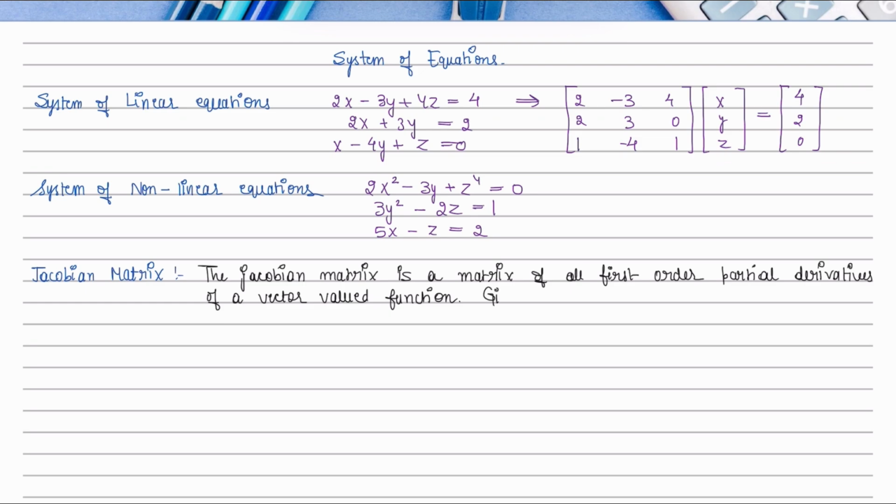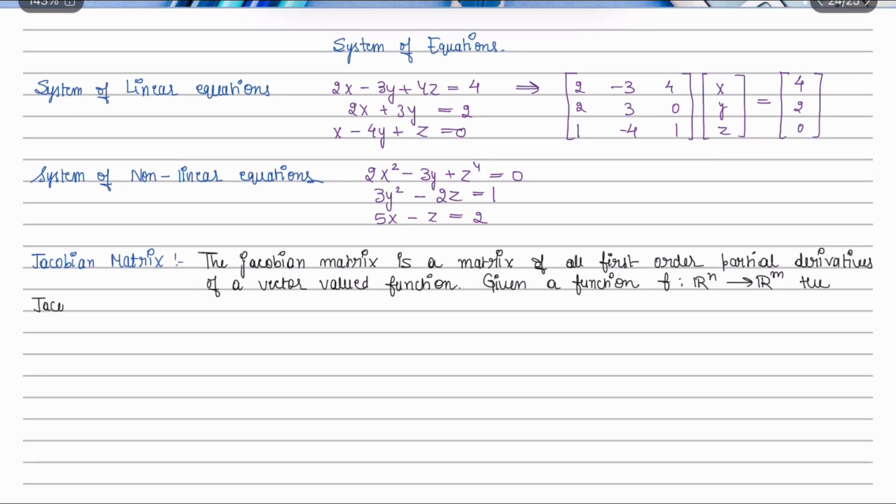Given a function f from Rn to Rm, the Jacobian matrix where each element J i comma j is given by partial derivative of fi with respect to xj.